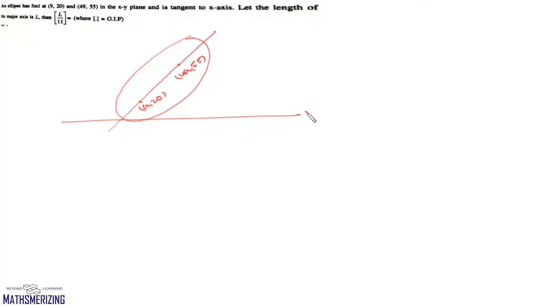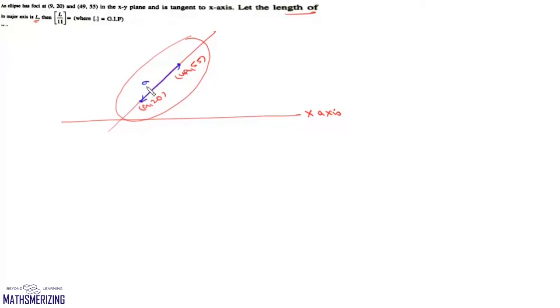And this ellipse also touches x-axis. It says if the length of major axis is L, we need to find the value of the greatest integer function of L by 11.